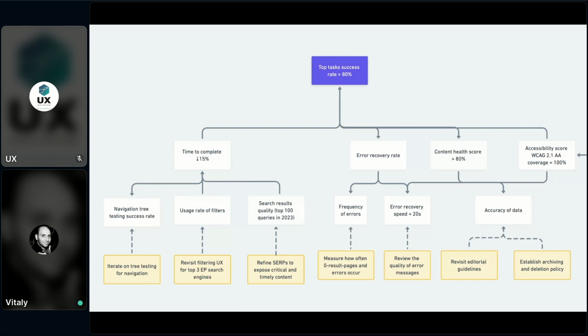So we look at navigation tree testing success rate, usage rate of filters, search result quality of the top 100 queries, frequency of errors, error recovery speed, accuracy of data, and it goes up and up, to the point that at the very top you get business objectives. The business objective was to improve navigation and search, so I translated it as a total success rate of 80%.